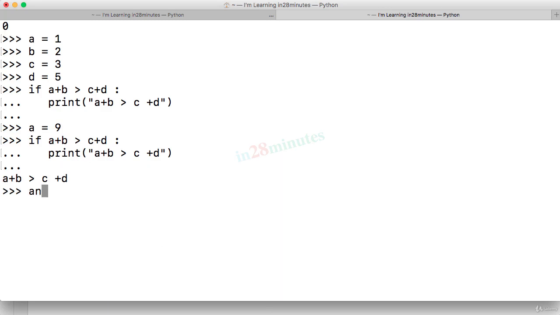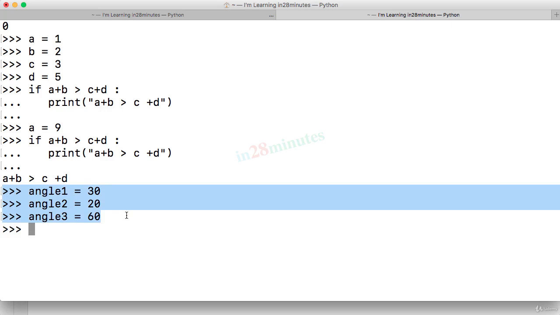Let's say I have three angles of a triangle, right? So angle 1 is equal to 30, angle 2 is equal to 20, and angle 3 is equal to 60. I want to find out if these three angles form a valid triangle.